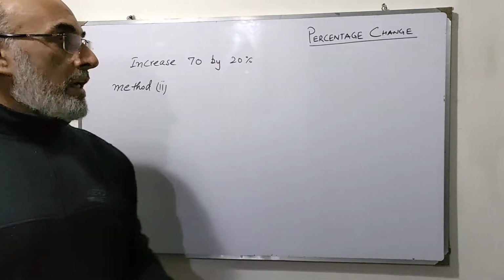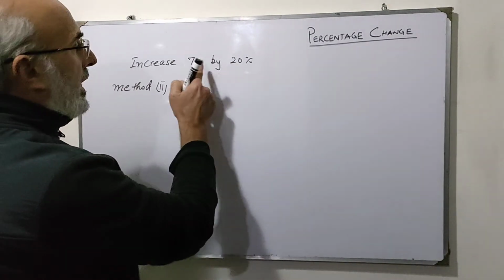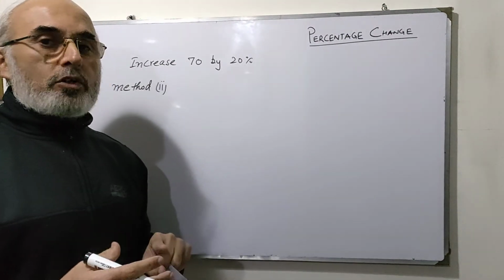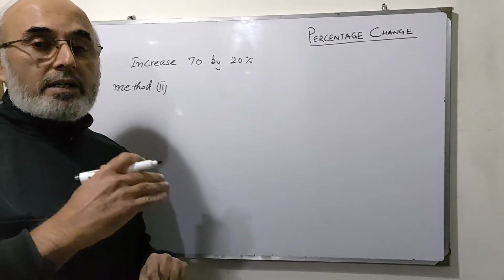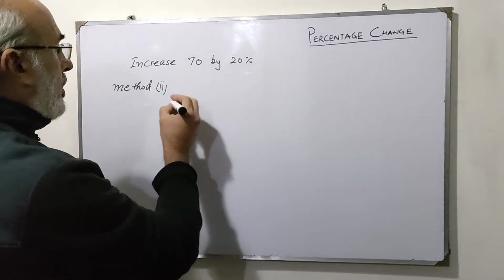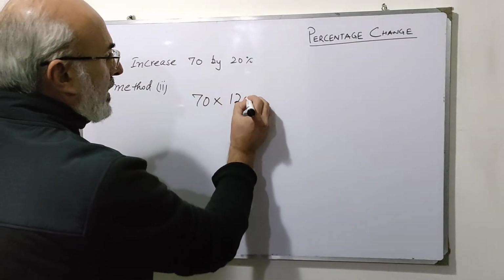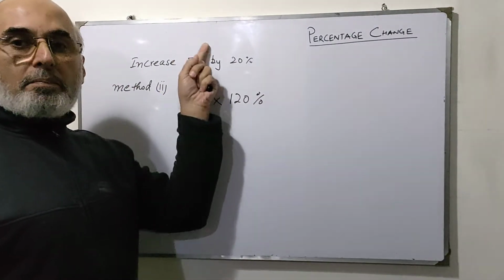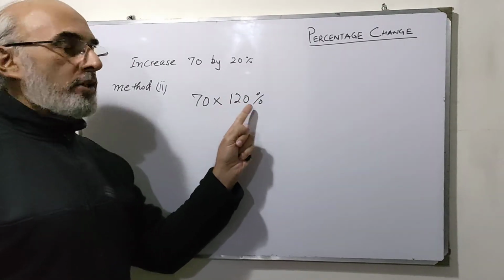So another way of doing it, instead of multiplying 70 with 20%, we are going to multiply with the increased percentage, that is 100 plus 20, that is 120. So we are going to do 70 into 120%, because 100 is this number itself and 20 is the increased value, so 120.